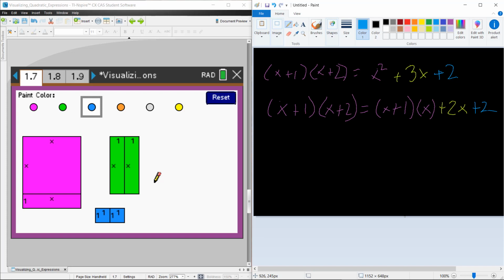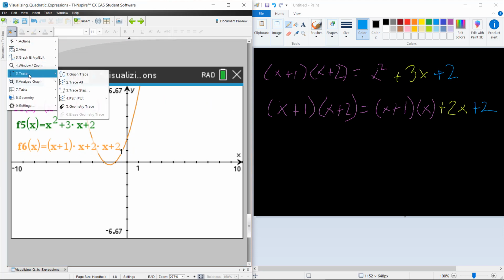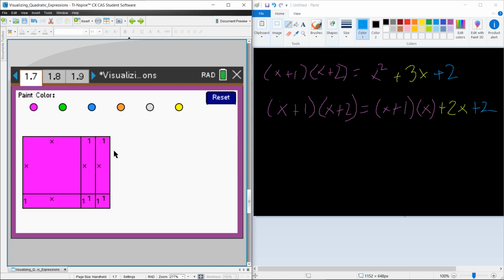So you might have had this, and you could check that against your other graphs and see that it definitely aligns just like all of the others. You can use that trace all feature. That's a really handy one to see that it definitely traces all of them and plots the same all the way across.